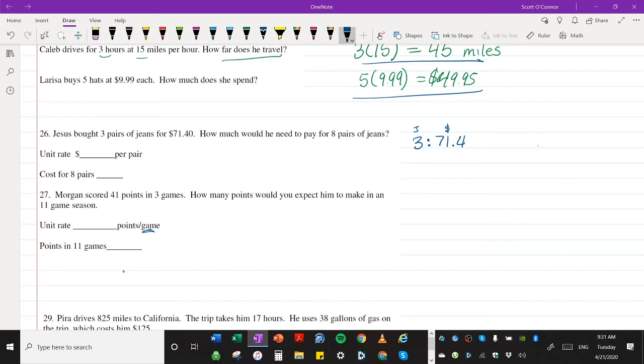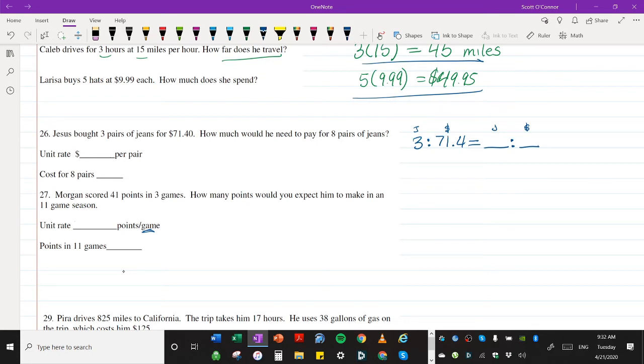Once I've written my ratio, I'm now going to write a proportion. To set it up, I'm going to write an equal sign, a space, a colon, a space, and then I'm going to label. And you might remember that. Hopefully you do. Okay? And when I label, I'm making sure that my labels here match the labels over here.